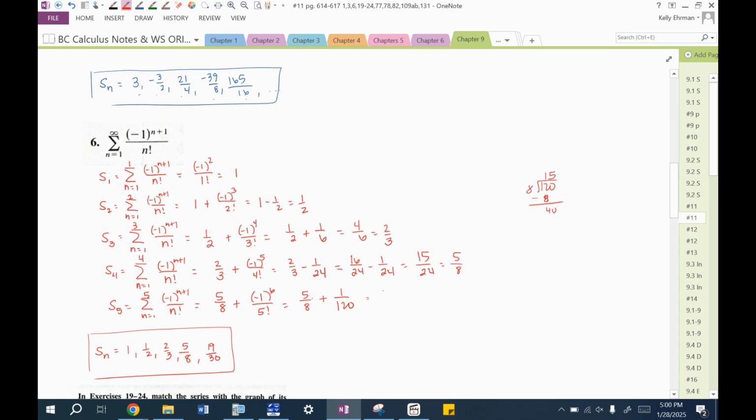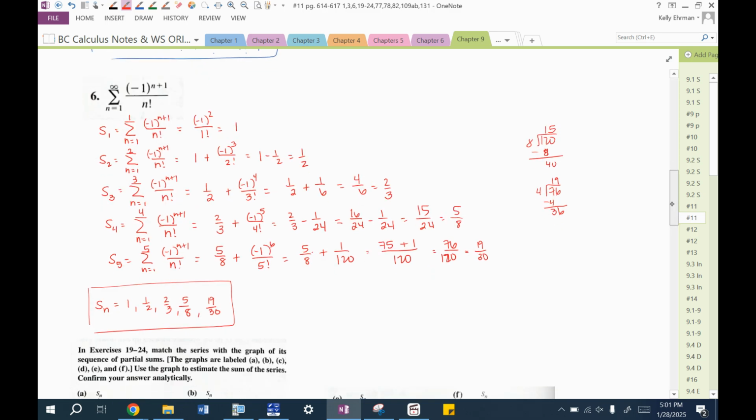So 5 times 15 is 75 plus 1, all over 120. 76 over 120, which is, I guess I divided by 4, right? It's the end of the day, so my brain has really lost most of its capacity. Let's see. 4 times 19 is 76. So yes, I did get 19 over 30.